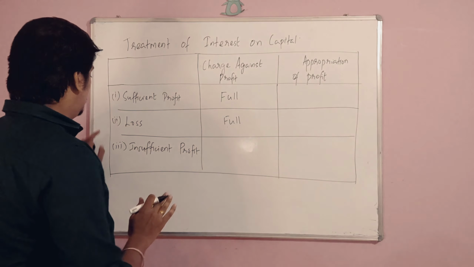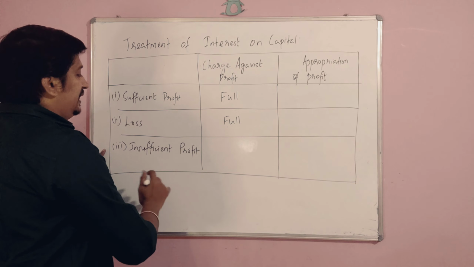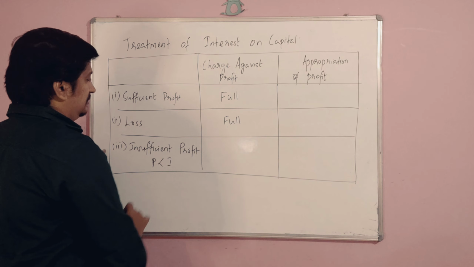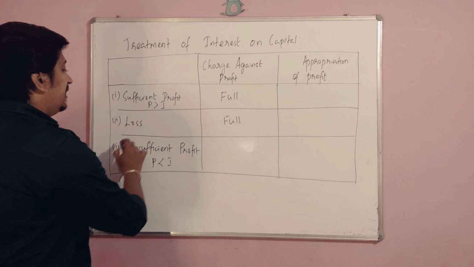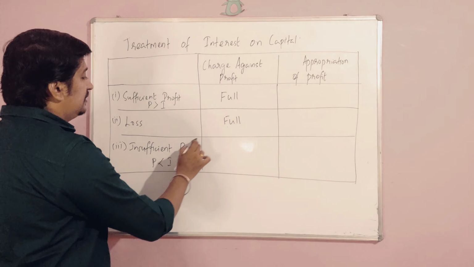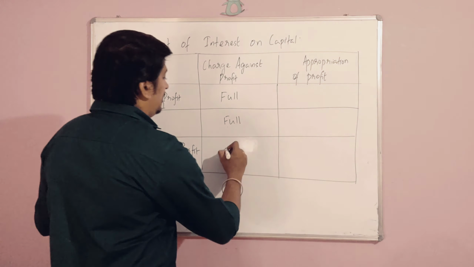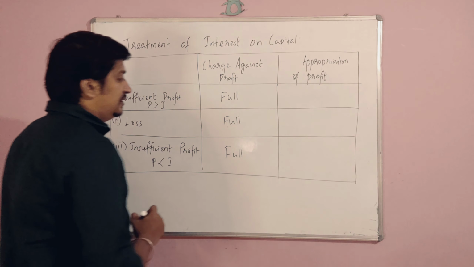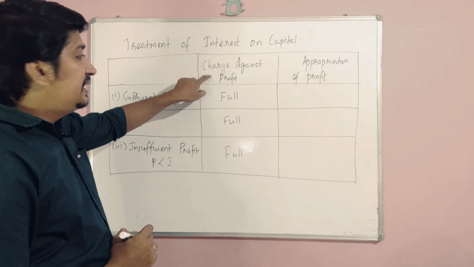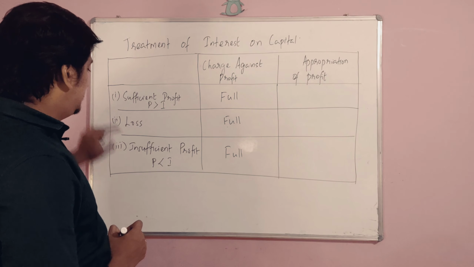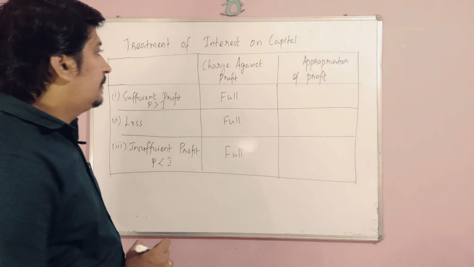Full expense has to be incurred. In case of insufficient profit, which means the profit is lesser than the interest, we have profit, but not sufficient profit, which means interest is more than the profit, but here also we have to give full interest. As we know, charge against profit means we have to incur the expense even if there is sufficient profit, insufficient profit, or loss. So we have to incur the full expense.